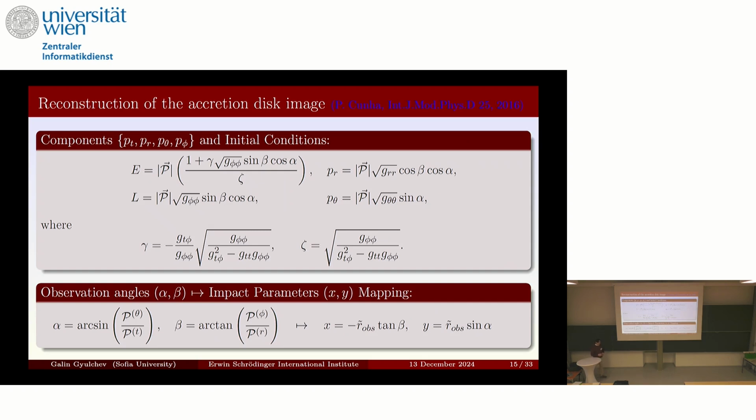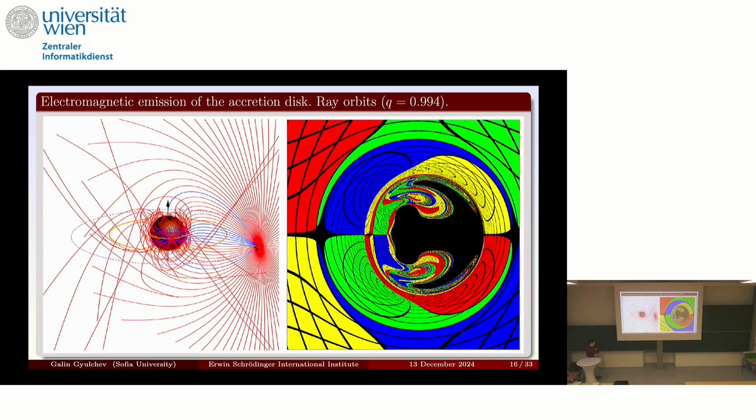And if we parameterize the integrals of photon motion with these two angles, alpha and beta, finally we can solve the first task and relate the observable quantities x and y, and make the mapping via these two impact angles alpha and beta, and see what the distant observer will see as an image. And in general, this is one of the results.